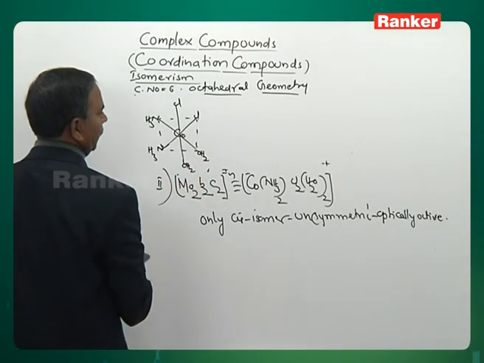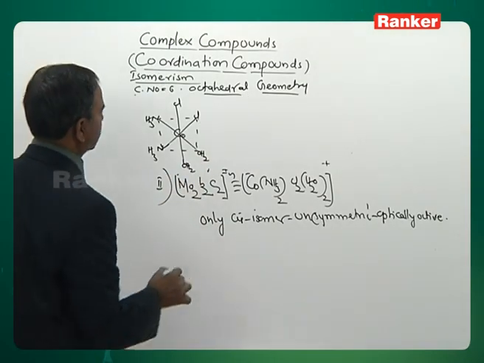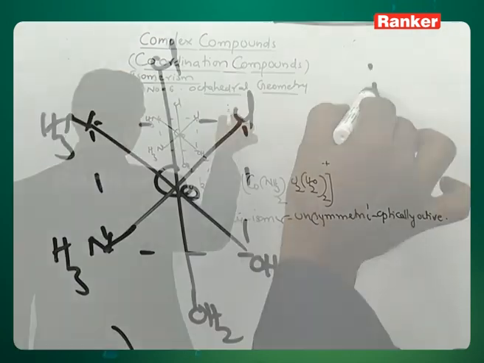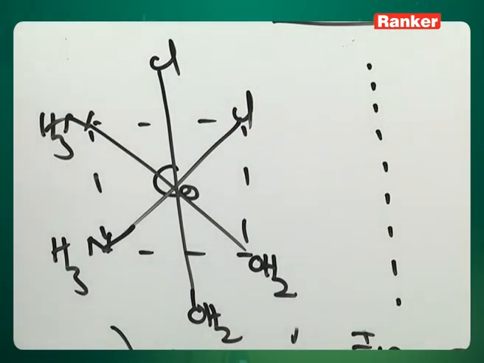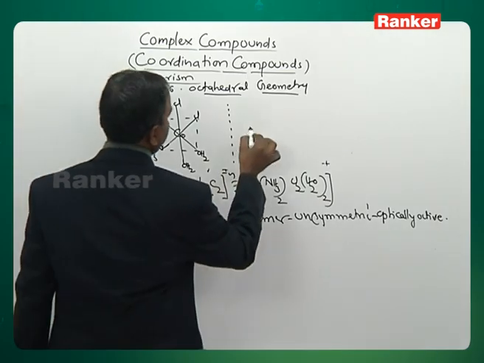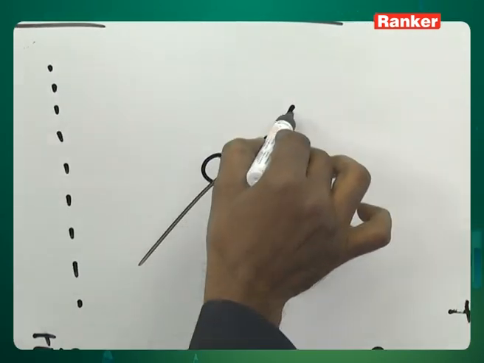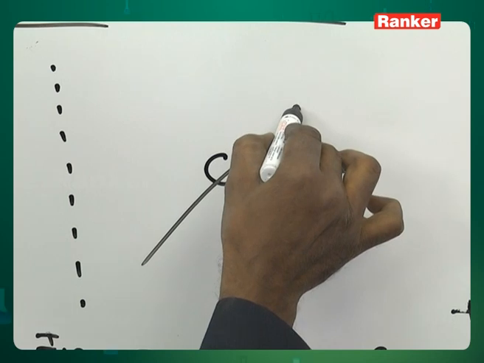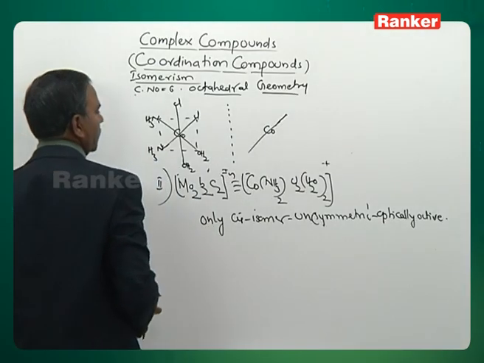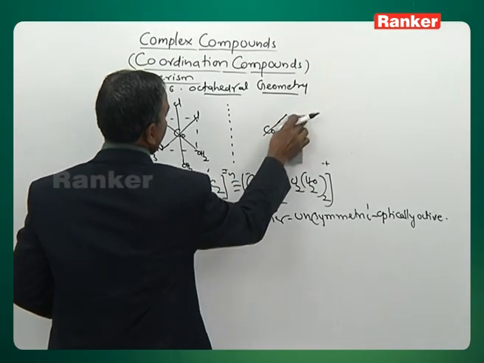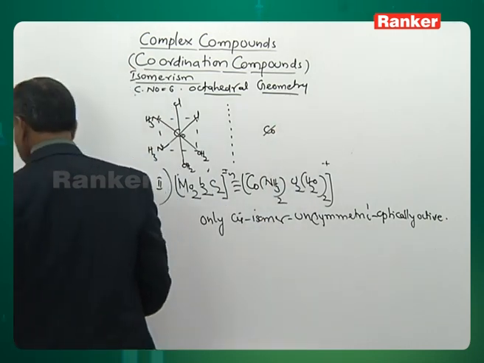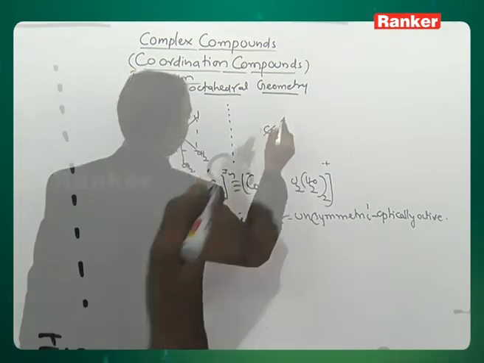This is actually the cis isomer. This cis isomer is optically active. Now we can write one as the D isomer and the other as the L isomer. Consider the first one as D, next L.